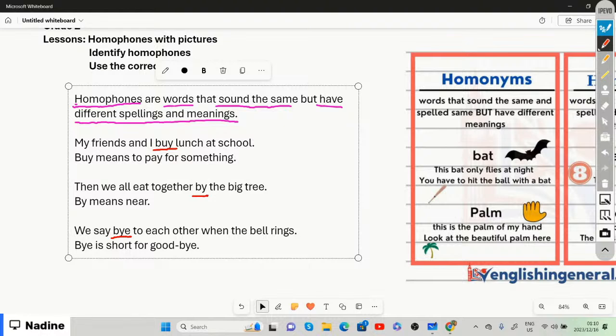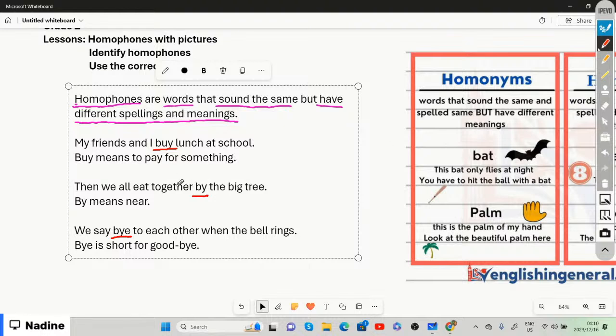And this word bye, spelled BYE, is short for goodbye. It's like me saying goodbye after each of my sessions, and then most times you guys reply with bye.